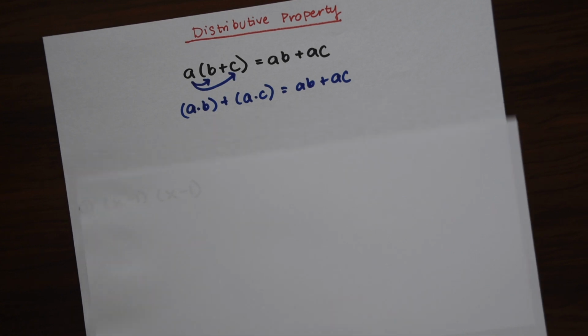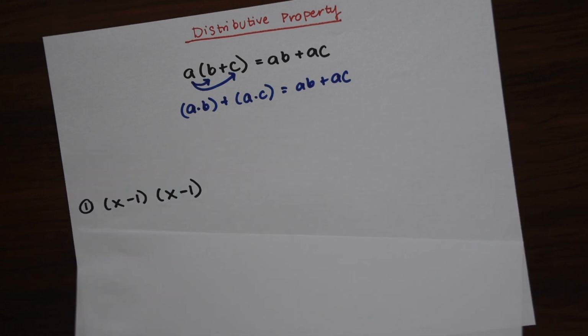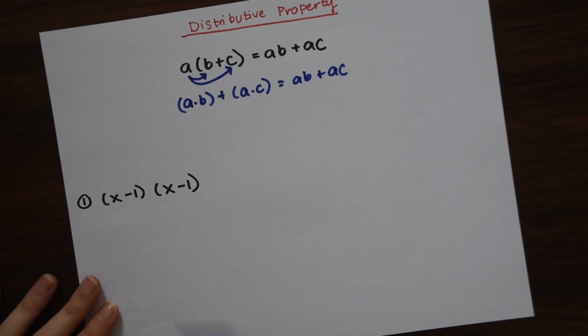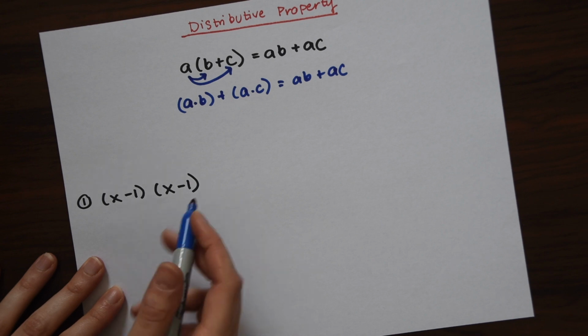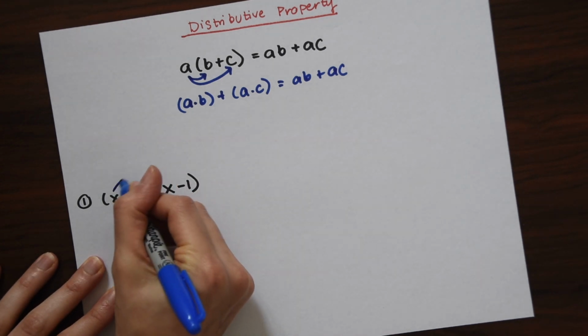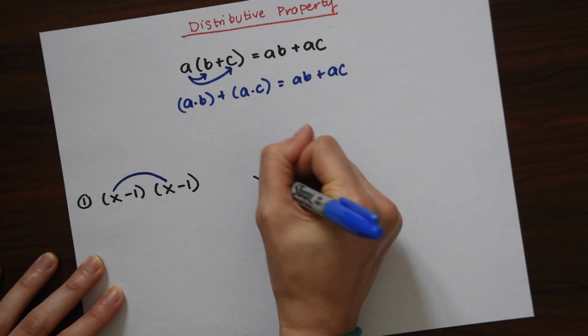So let's now look at an example where we combine like terms and use the distributive property at the same time. We have x minus 1 times x minus 1. There are different ways to multiply this, but let's do this using the distributive property. We're going to be multiplying each term to each term. If we multiply x times x, we get x squared.